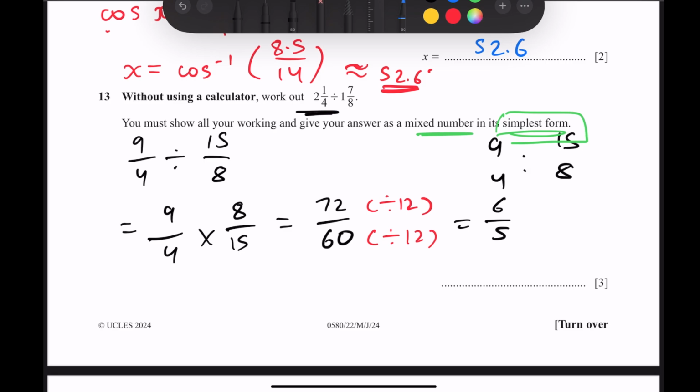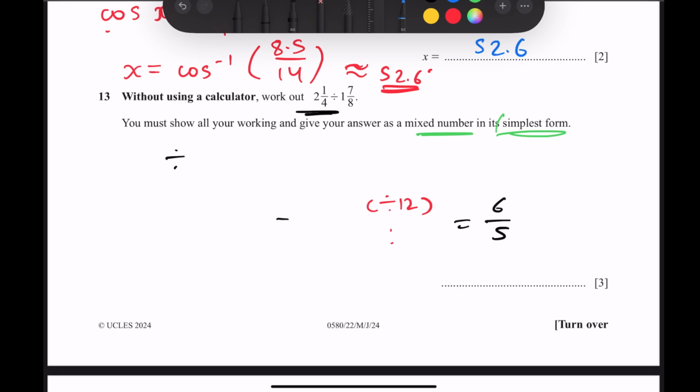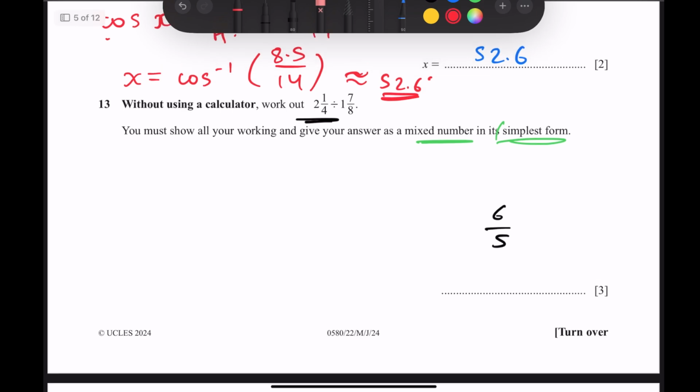Now this is not the final step because the question did not ask for an answer in the improper fraction form. The question asked for an answer in the mixed number form. So to convert it to the correct form, we have to do the inverse of what we did before. A mixed fraction is equal to q, where q is the quotient, times r, where r is the remainder of division, by d.